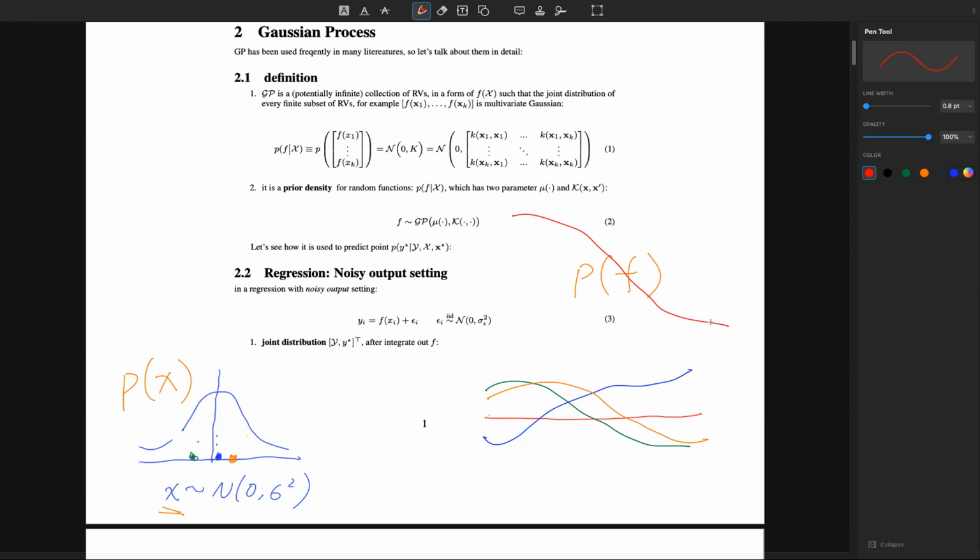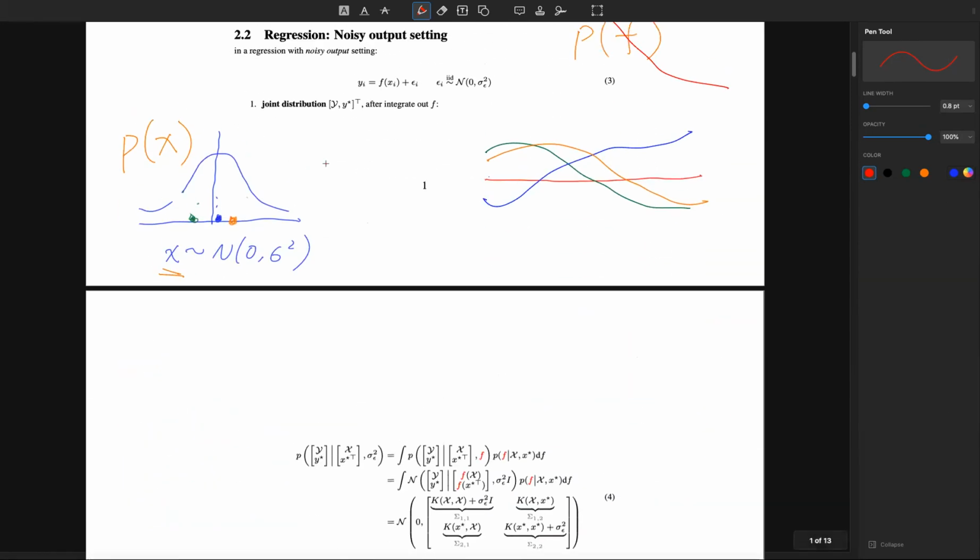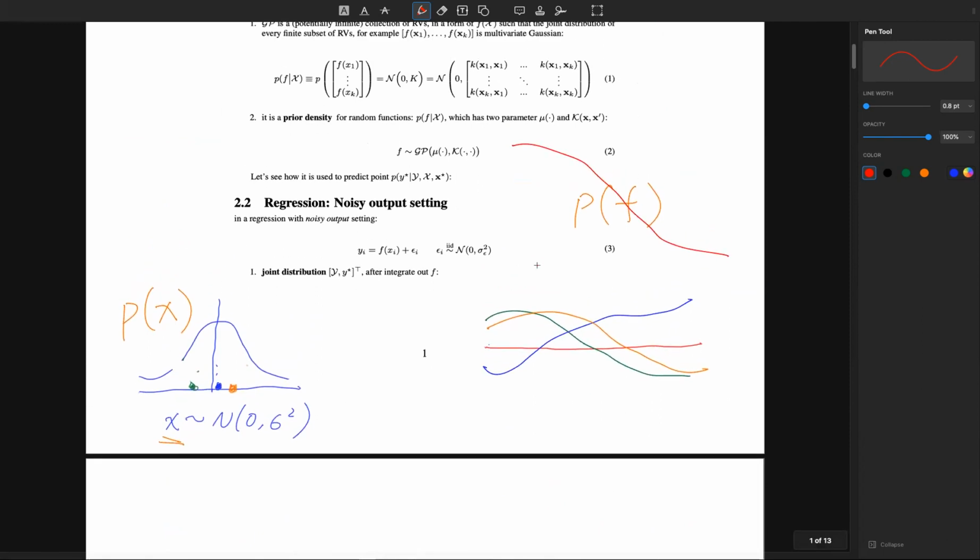Okay, so the way in which we define this, if we're saying F is a Gaussian process, the Gaussian process will have two parameters. One is mu, and the other one is the kernel function.